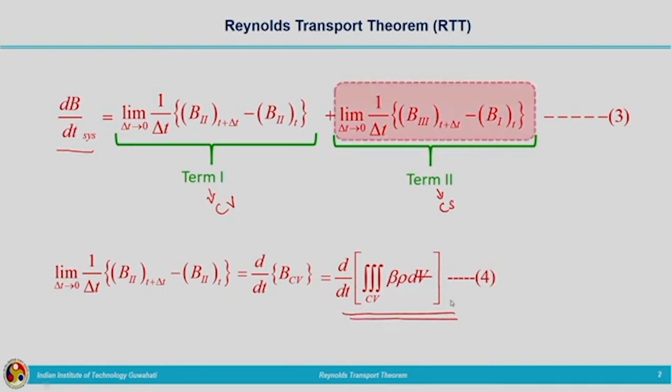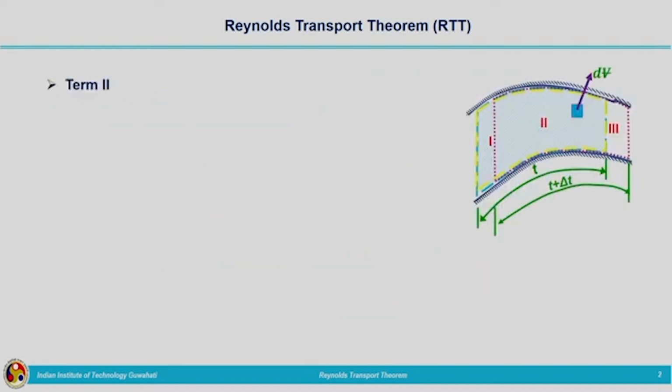Now, let us look into term 2 in detail. Here it is in terms of extensive properties B3, B1, etc., so we need to write it in terms of intensive property. Again the same figure is depicted here, and we are going to look into term 2 in detail.